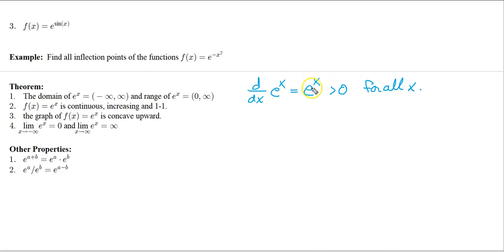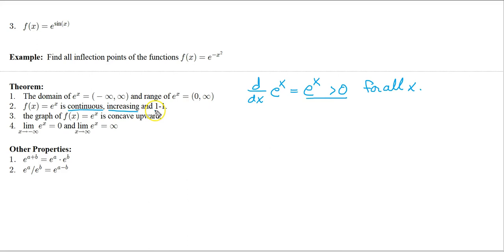Remember, the graph of e to the x lies above the x-axis, so it's positive for all x. And also this exists. So therefore, since the function is differentiable for all x, it is most certainly continuous. Also, it's increasing because the derivative is positive.